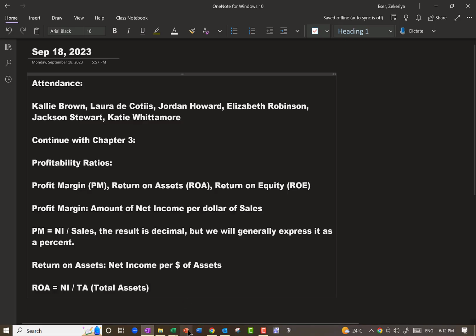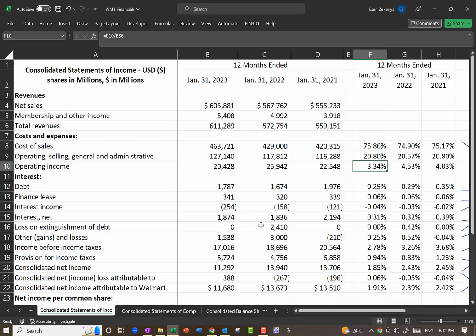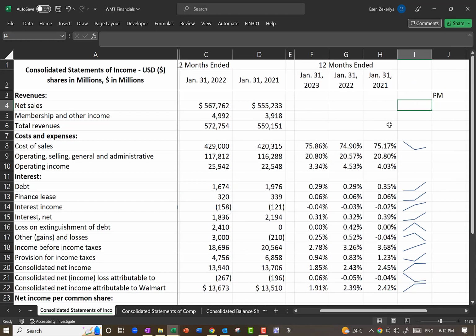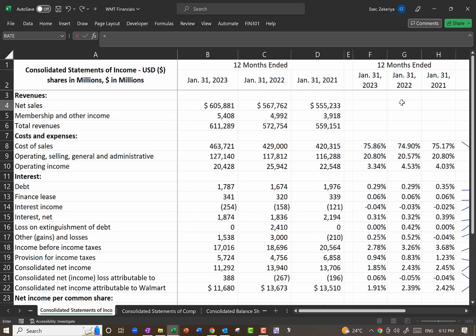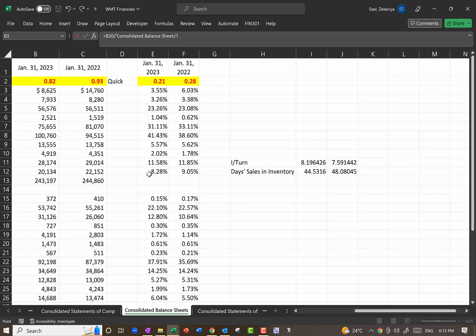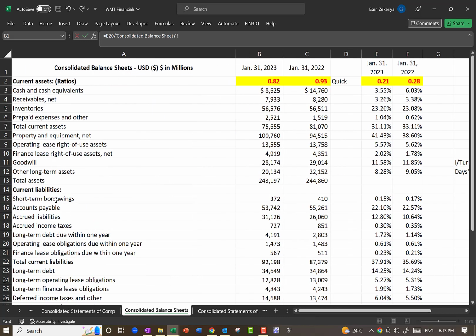And this is going to be calculated across the two statements. So I'm in Walmart. So ROA is, we'll be able to calculate it for only 2 years because we have 2 years of balance sheet information. Consolidated net income divided by total assets.